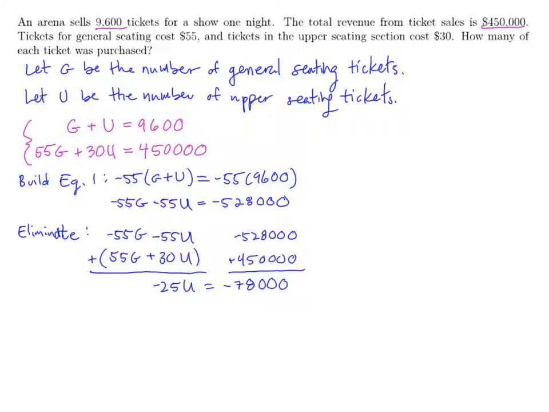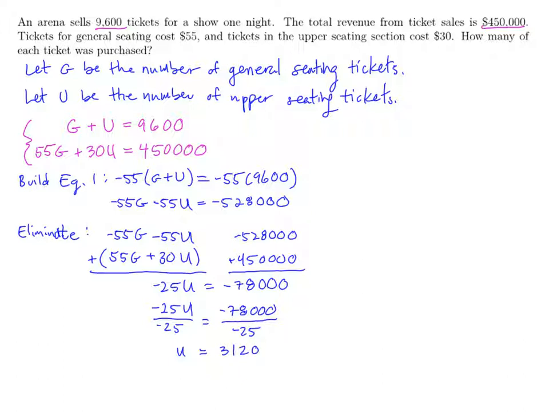Now that we have an equation with one variable, we can simply divide each side by negative 25 to get the value of U. So we'll have negative 25U divided by negative 25 equal to negative 78,000 divided by negative 25. From there, we see that U is then equal to 3,120.